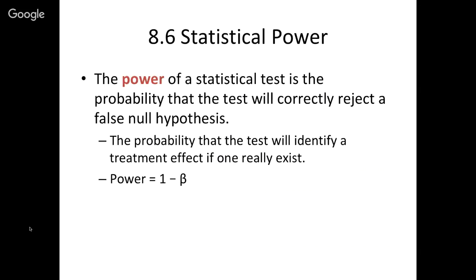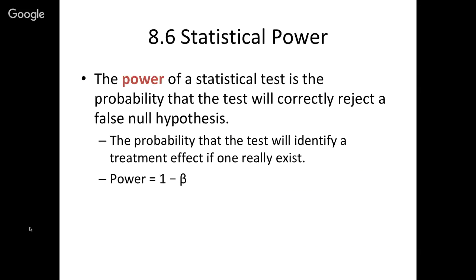We talked a lot about the type 1 error, the false positive, but we just talked a little bit about the type 2 error. So statistical power is related to the type 2 error.